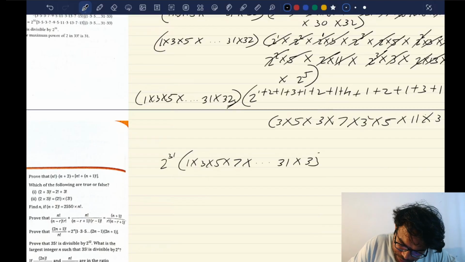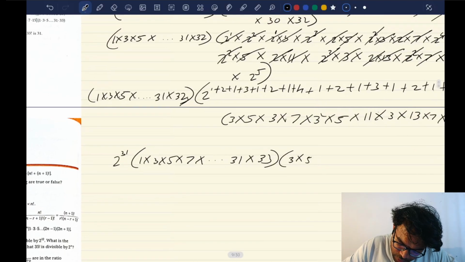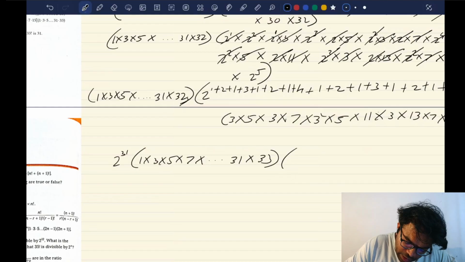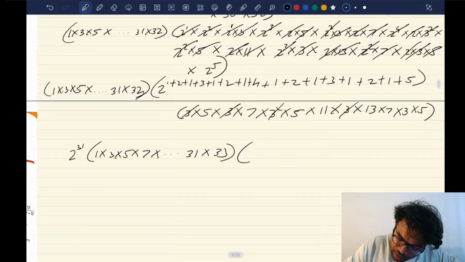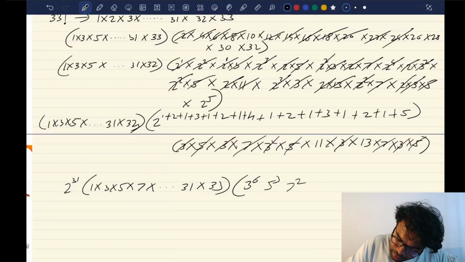The remaining part can be written as 3 to the power of 6, 5 cubed, 7 squared, and 11 into 13.